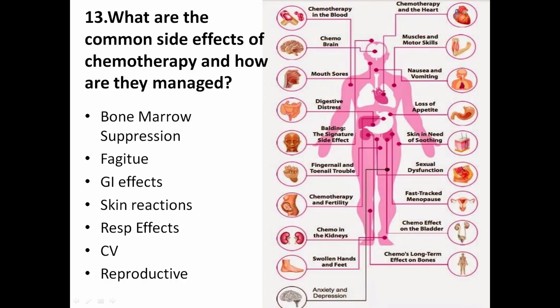The respiratory effects: it can cause damage that can be irreversible and progressive, non-cardiac pulmonary edema due to capillary leakage and inflammatory response. Cardiovascularly, chemotherapy can cause heart failure and cardiomyopathy, so that is not reversible.